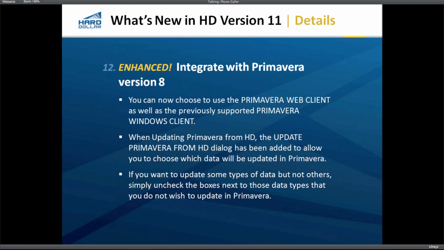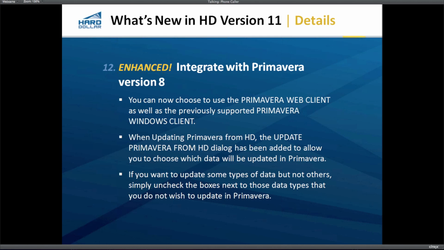So if they change it, we're going to support that. We still support the older versions of Primavera, but we support them using the new method. That makes sense. I just don't want people to be surprised if they put 11 or 11.1 on, and they're still using Primavera 6.2, like I am, and all of a sudden things look different.